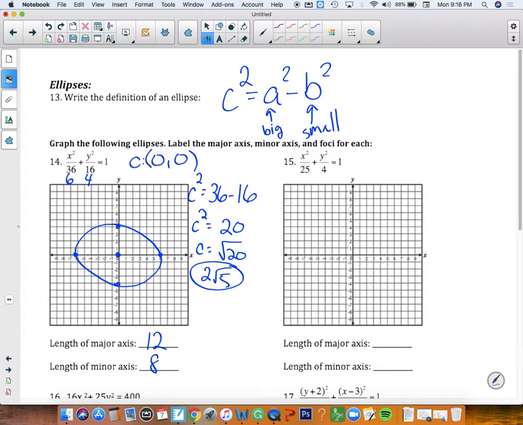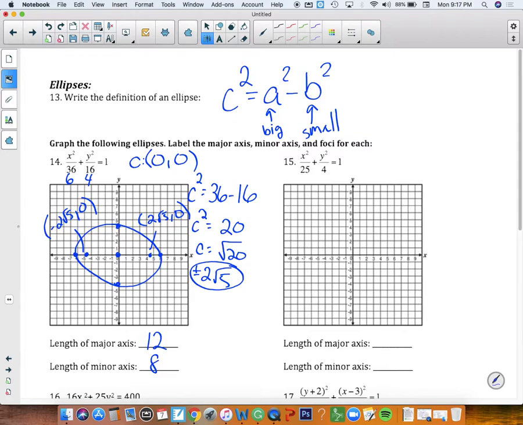So it's 2 square root 5, so I'm just going to use that as my label. So you go 2 square root 5 units away from the center. Okay? So that would be right around in here. So this one is (2 square root 5, 0). And this one here is (negative 2 square root 5, 0). Because you go to the right of the center and to the left of the center.